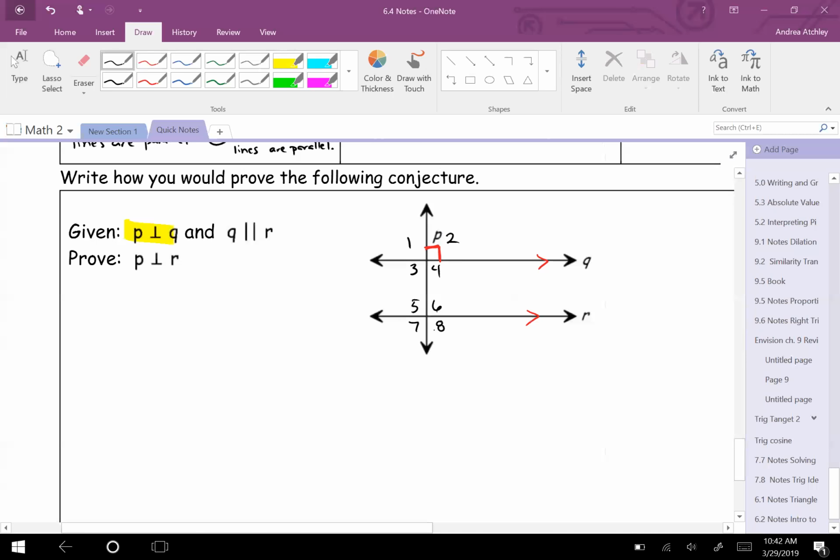Since I wrote in on 2 that it's a right angle, I'm going to say that angle 2 is a right angle. So step 1, angle 2 is a right angle. The reasoning is the definition of perpendicular.